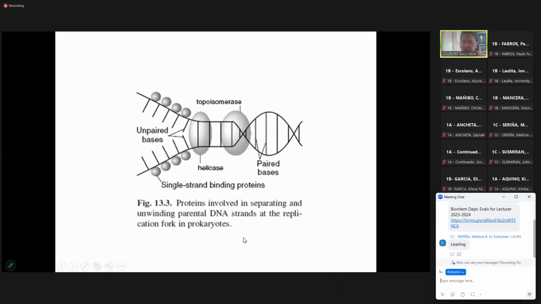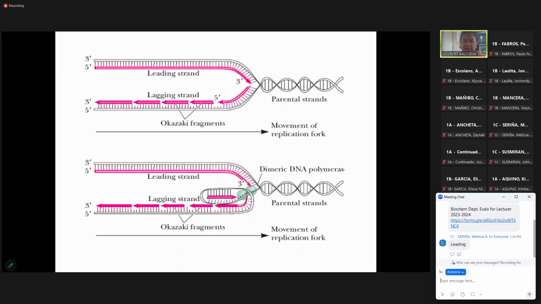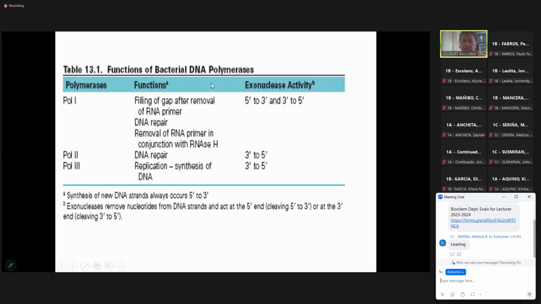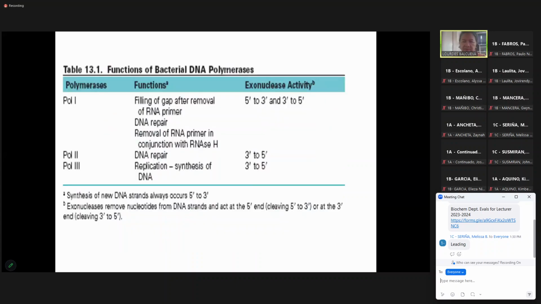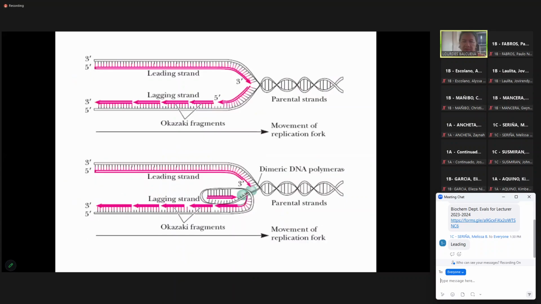Topoisomerase is an enzyme that it's an enzyme located here.